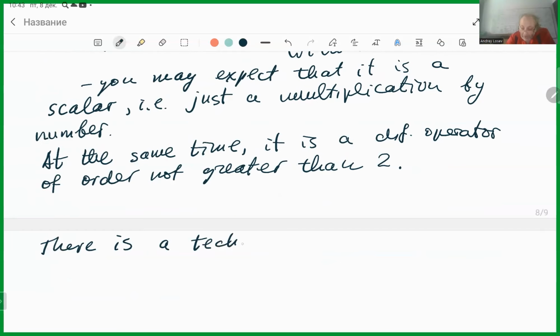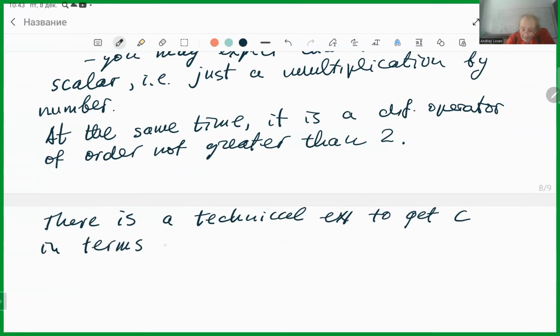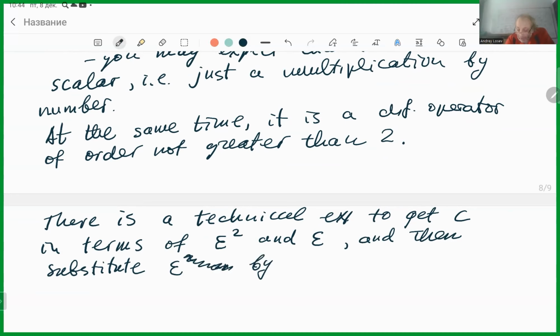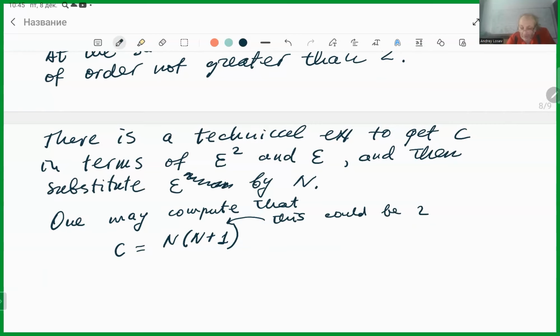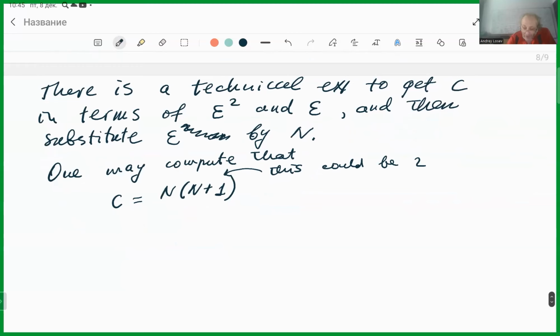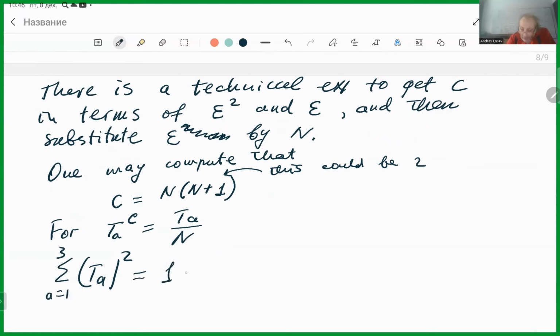So there is a technical exercise to get C in terms of the Euler vector field E, and then substitute by N. I will not do this computation. It is N(N+J+1), though I am not sure about this number. This could be 2, but it's not very important. What is important is that for TAC, that is TA over N, it goes like 1 plus O(1 over N).